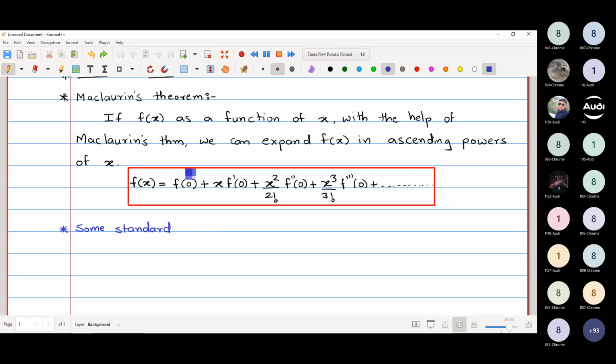Sir, both sides are coming equal. Okay, better you solve that problem and put it on WhatsApp or send it personally to me. I'll check. Okay sir.